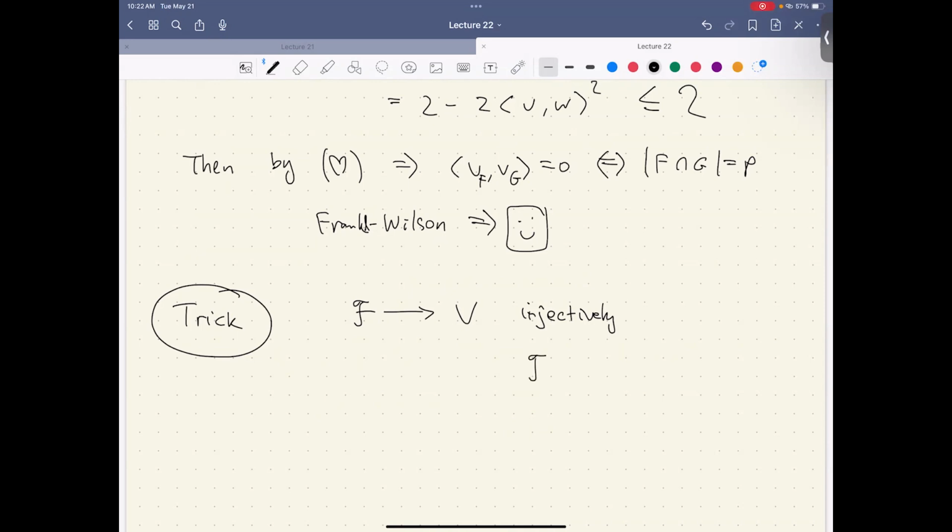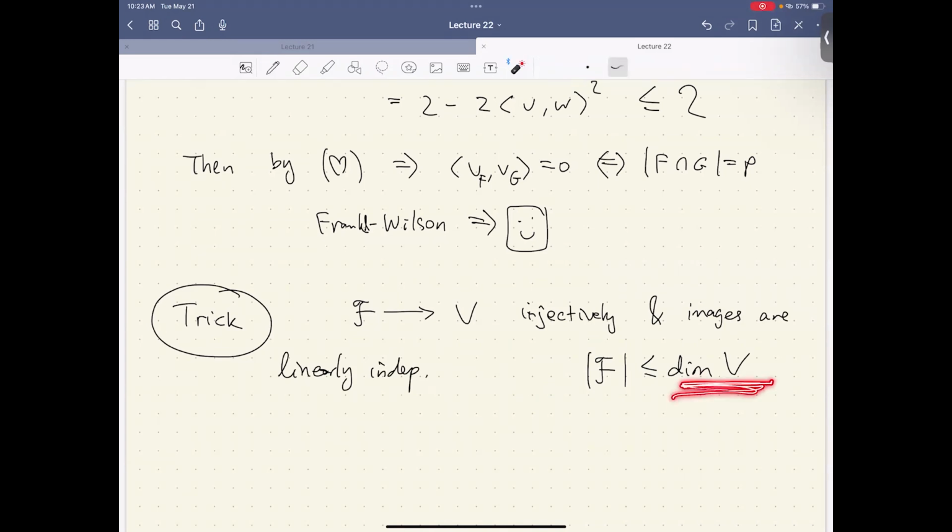So we can bound the size of F by the dimension of V. The additional trick is that sometimes this dimension is large, which by itself is not good enough to give a good bound on the cardinality of F, even if we can do this mapping.